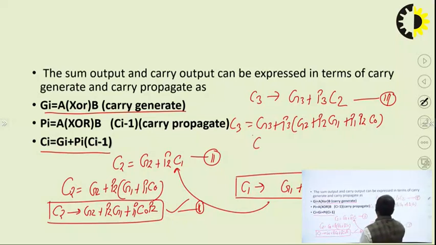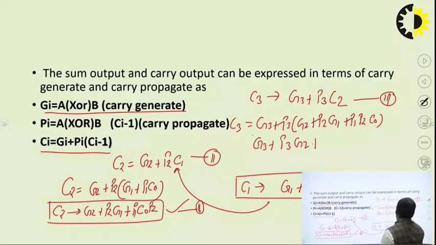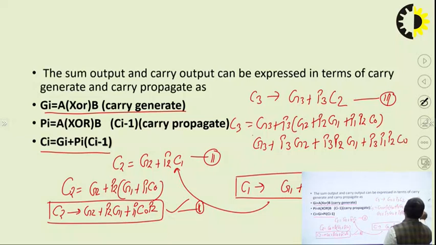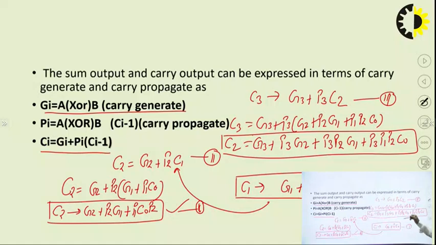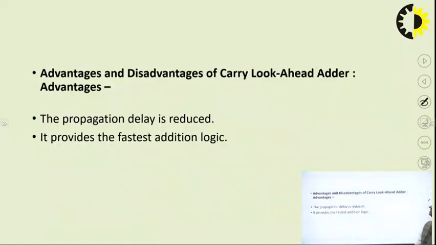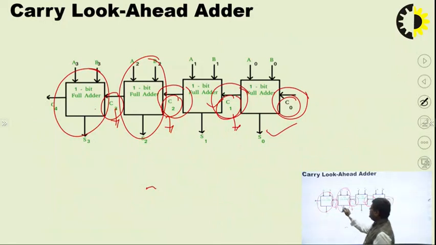When we solve this equation, we find the value of C3. Now that is G3 plus P3 G2 plus P3 P2 G1 plus P3 P2 P1 and C0. This value is known as C3. If we directly implement this value in this circuit here, then the carry propagation delay for this full adder is removed.